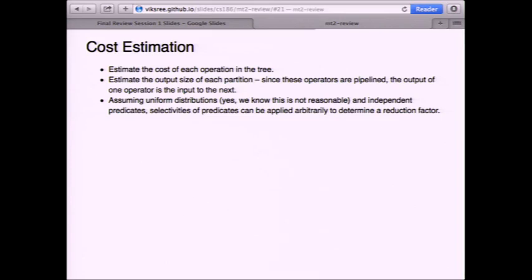To determine this, we're going to use attributes such as the selectivity of a predicate or the sizes of our input relations to our join. These are going to influence how big of an intermediate result we get when performing these joins. Any questions so far on optimization?